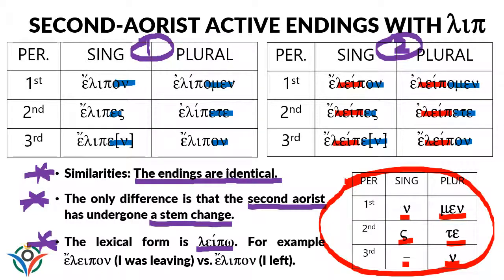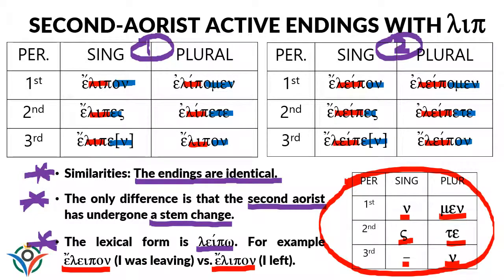But in the first table, the second aorist active endings, lepo has undergone a stem change. There's been a small vowel change where the epsilon has fallen away, so now we are left with lip. A very small change, but a change nonetheless, because it will affect how we translate this verb. The imperfect we would translate as I was leaving, and the second aorist as I left.